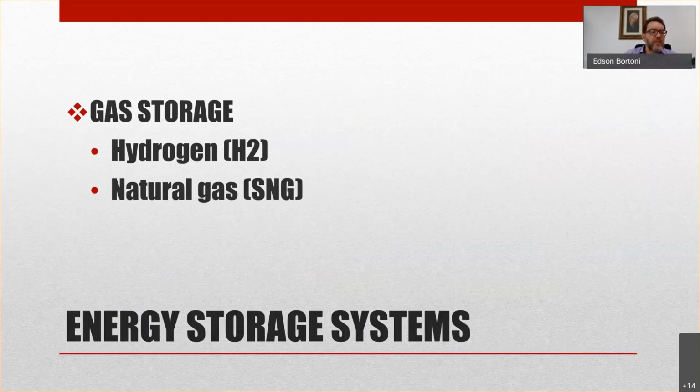Now we have the natural gas. The hydrogen is very important. You can do electrolysis while generating energy. That's what we call green hydrogen. What is green hydrogen? It is the hydrogen created by green sources.